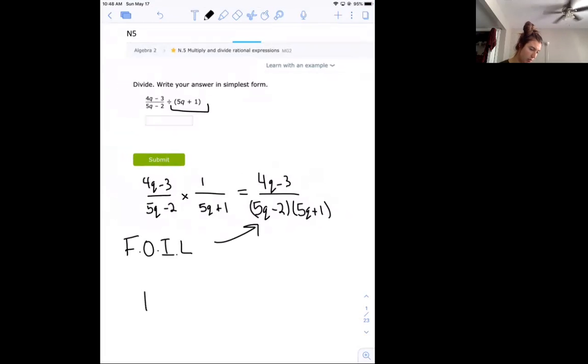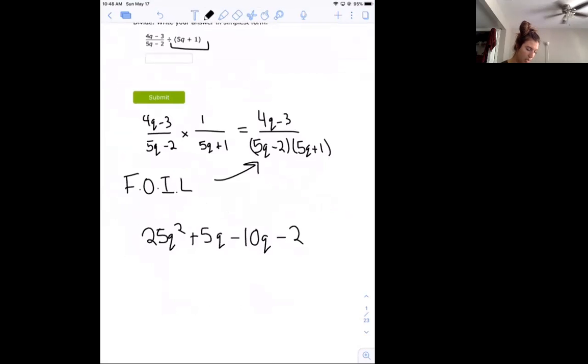So that's 25q squared plus 5q minus 10q minus 2. I simplify my like terms right there, and I get 25q squared minus 5q minus 2. So that's the expanded version right there.